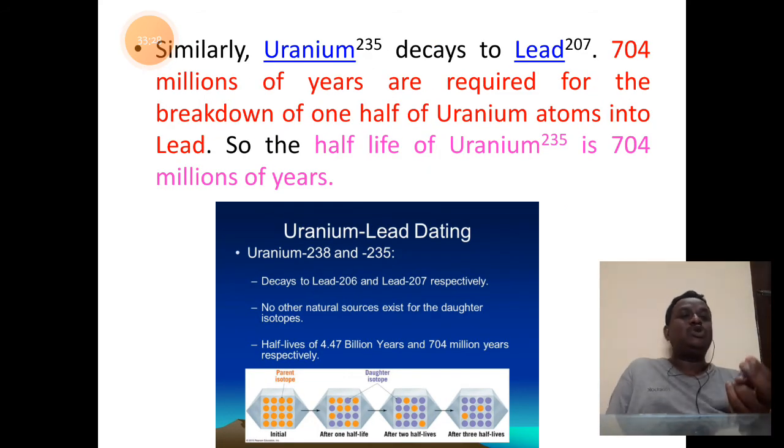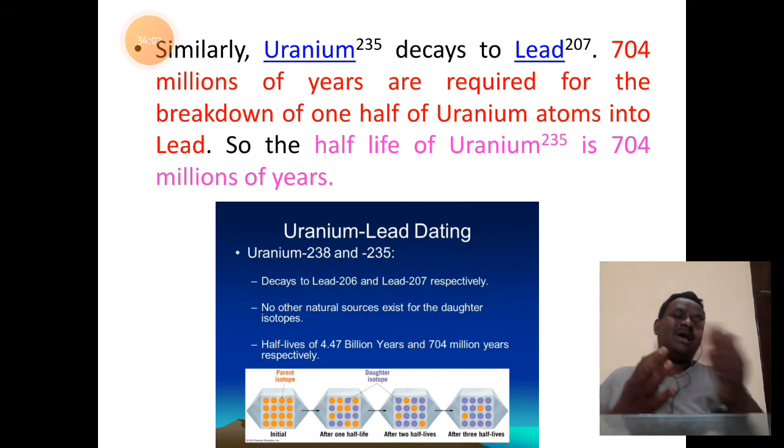Similarly, we have uranium-235, which upon decay produces helium and electron particles. Here the lead produced is, I'm sorry, not helium, lead-207. So in U-238 the lead produced is lead-206, and in U-235 the lead produced is lead-207. It requires a half-life period of 704 million years.